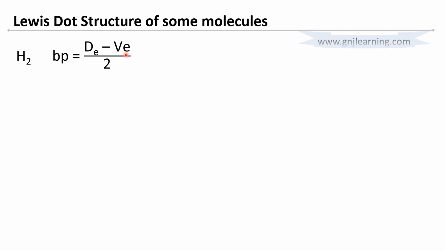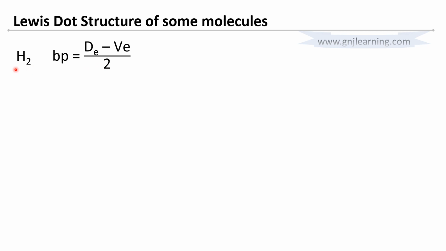Clear? So here there is a modification. For hydrogen, what it requires is a doublet, so I have changed the notation to DE minus VE divided by 2.